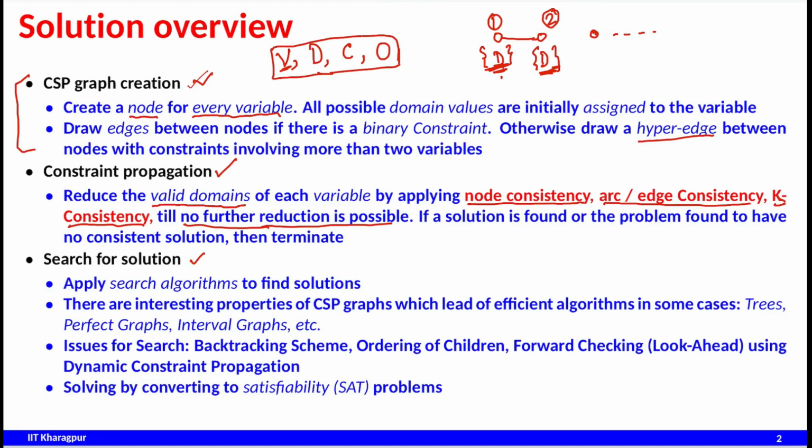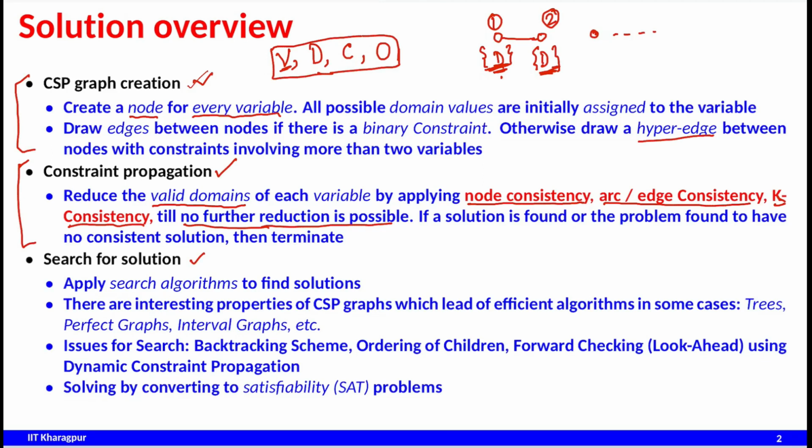If I find a solution, or if no consistent solution is present, then we can terminate. So this constraint propagation is one of the important steps in solving the problem.